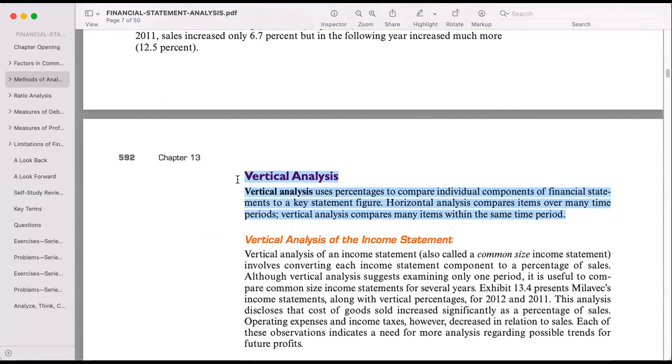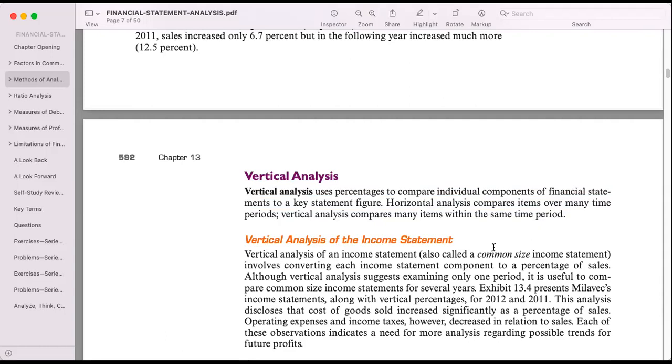Vertical analysis, on the other hand, compares many items within the same period. While in the horizontal analysis, the interpretation of the data is through different years, like 2011, 2012, 2013, to see if there have been changes and what happened. That's how the analysis is done in horizontal analysis.